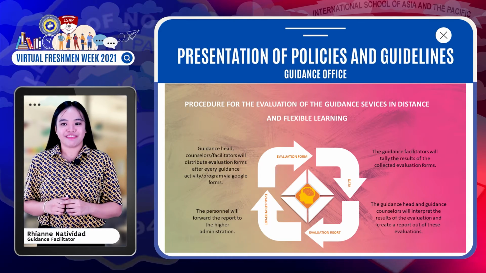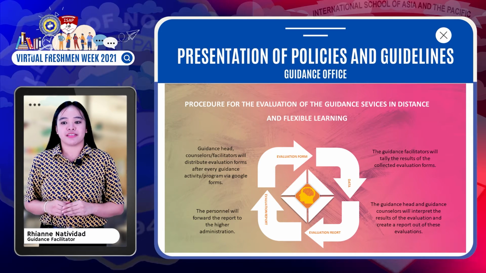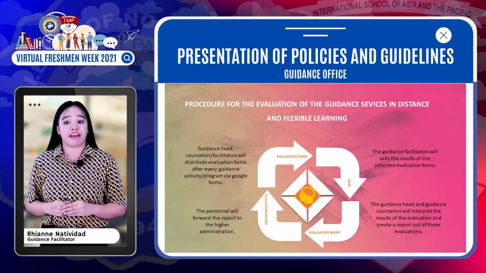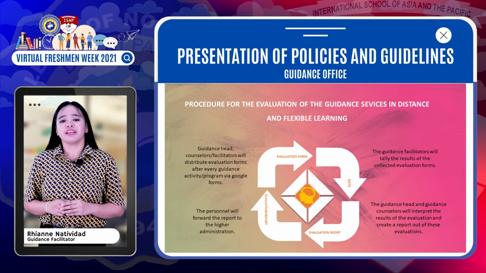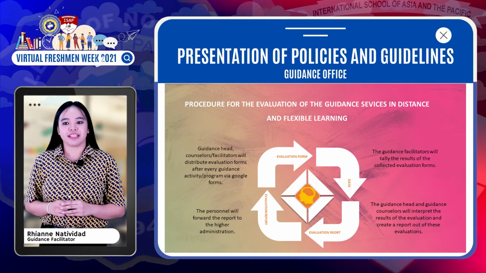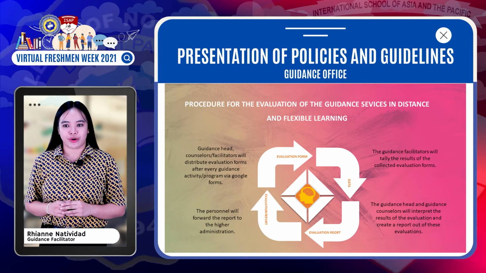Finally, we go to the evaluation of the guidance services. This service aims to have a systematic mechanism to measure the effectivity and implementation of the different guidance services in the transition to distance and flexible learning method. Here's the flow for the procedure. Guidance head, counselors, and facilitators will distribute evaluation forms after every guidance activity or program via Google Forms.